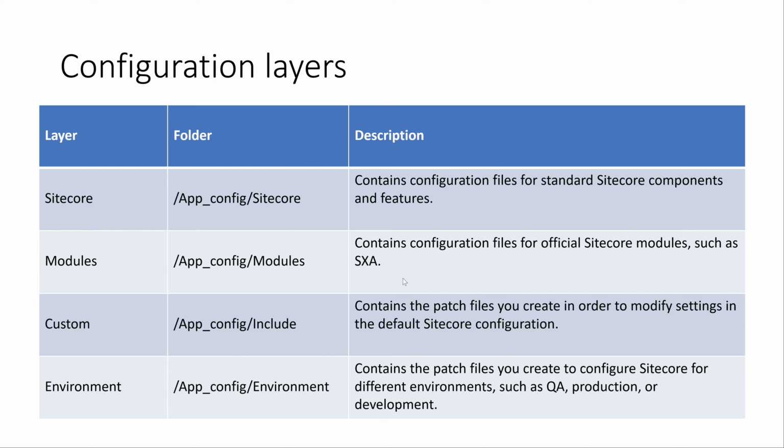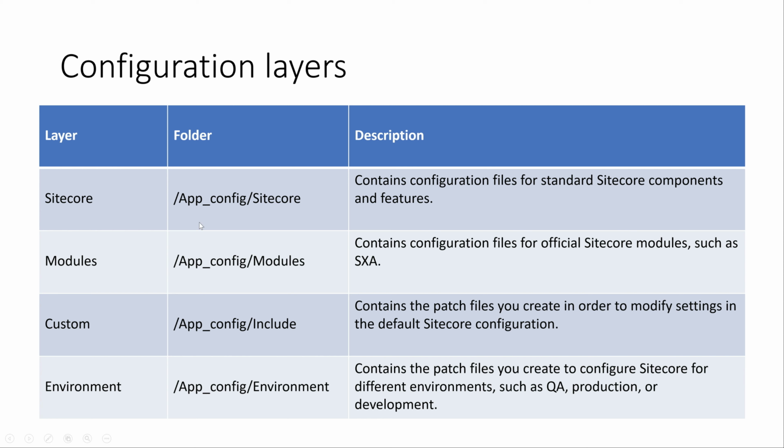We need to keep a clear separation between them, so that if we are currently on 10.1 and version 11 is released, we can upgrade pretty easily. That means we are not touching Sitecore files, because Sitecore files will be overridden when we upgrade. That's the whole purpose of it.